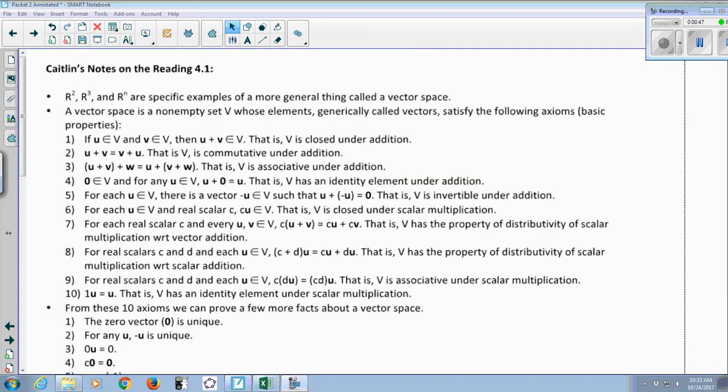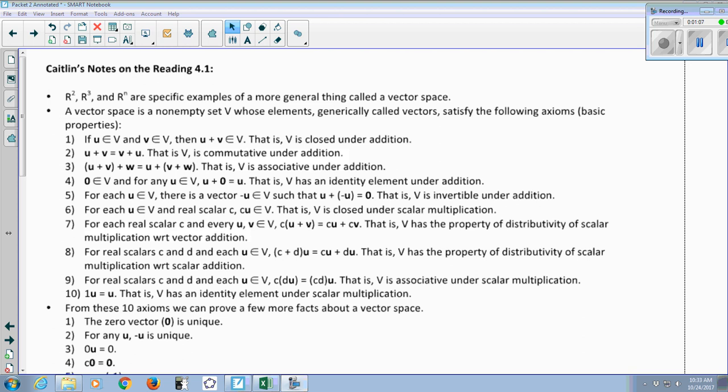Okay, so a vector space is just any set of stuff that satisfies these 10 properties. So R^n, R2, R3, R anything always satisfies these 10 properties, but there are other sets of things that satisfy these 10 properties.